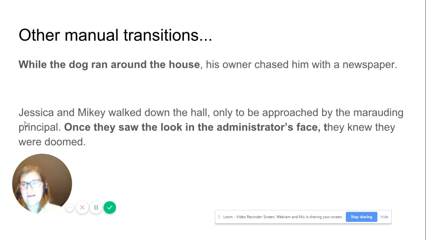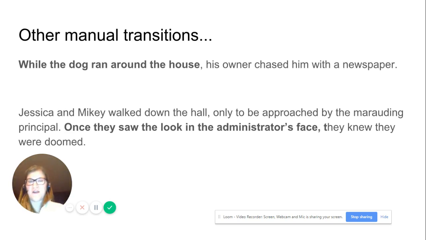Or the next sentence: "Jessica and Mikey walked down the hall only to be approached by the marauding principal. Once they saw the look in the administrator's face, they knew they were doomed," or their end was imminent. So this phrase, "once they saw the look in the administrator's face," tells you they knew they were doomed after they saw the principal's face.